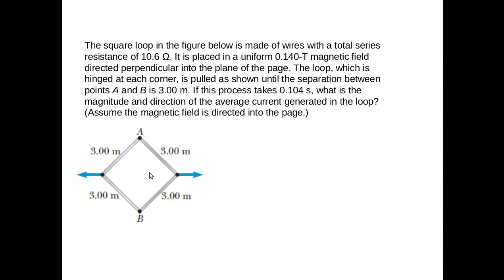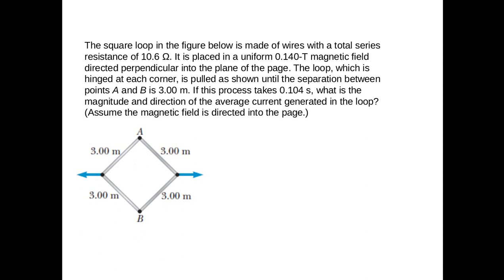And for a little bonus, we don't know the direction of the magnetic field, but for practice, you can put the magnetic field into the page, or out of the page. You see that the area is changing, and then you can use your right hand rule to see what direction B is, or the flux is decreasing, right?